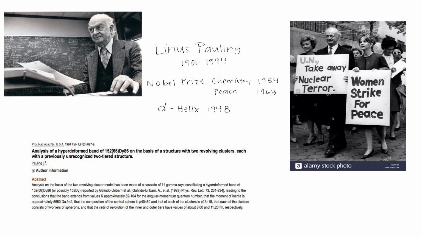It's very unusual for somebody to win two Nobel Prizes, but he won his prize in chemistry in 1954 for his work on the chemical bond, and also the peace prize in 1963. He was one of the movers in the anti-proliferation movement. You can see on the right-hand side, it's him marching, holding a sign.